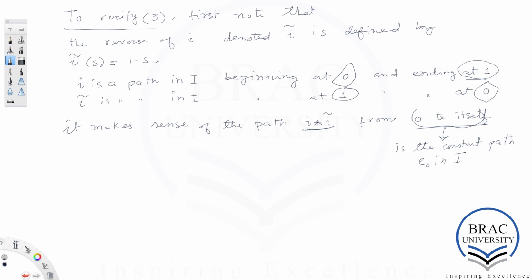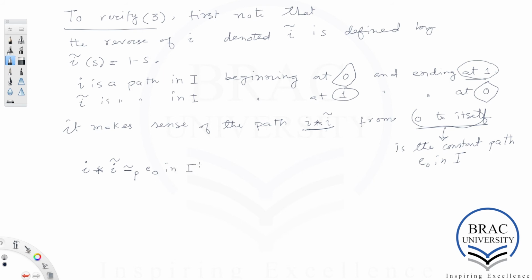Okay. Now, okay. So now we have this thing i star i twiddle is path homotopic to e0 in I. This is a claim.